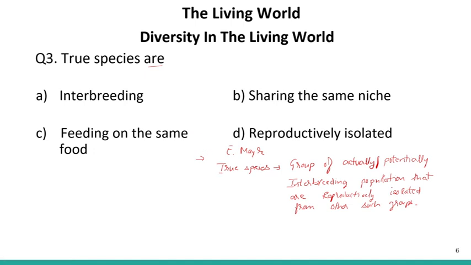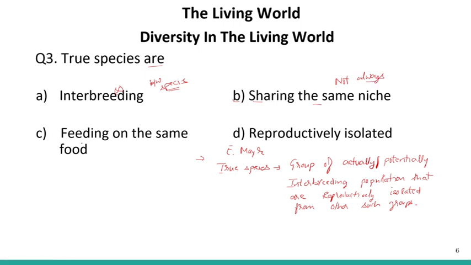Now the question is, true species are interbreeding, means they are talking about the breeding between the species. So this is not correct. Second option is sharing the same niche. This is a little bit correct because species can share the same niche, but not always, so this is a bit tricky question.